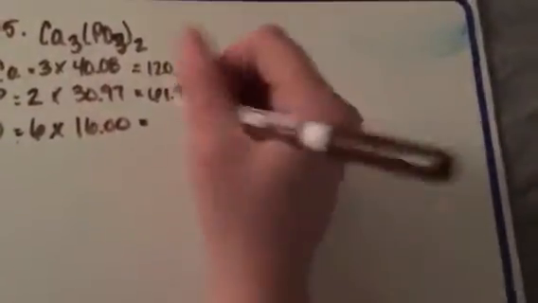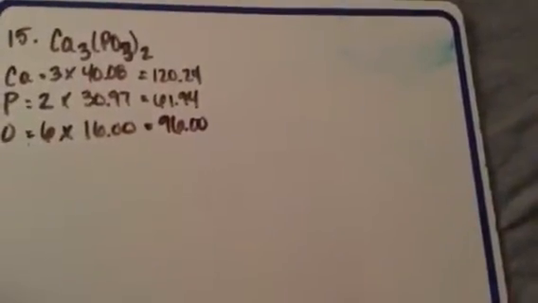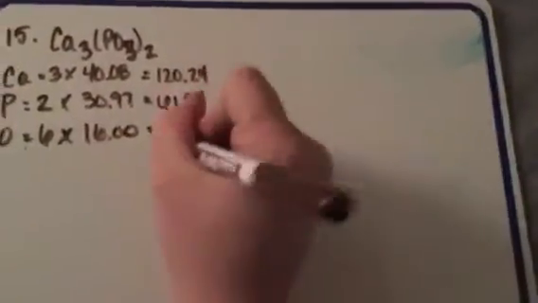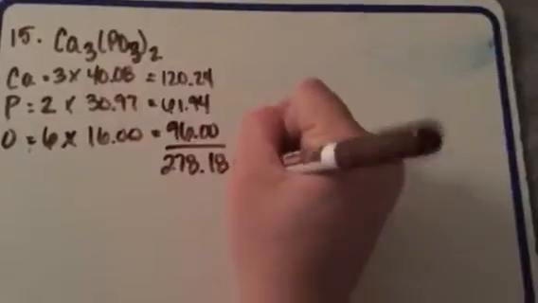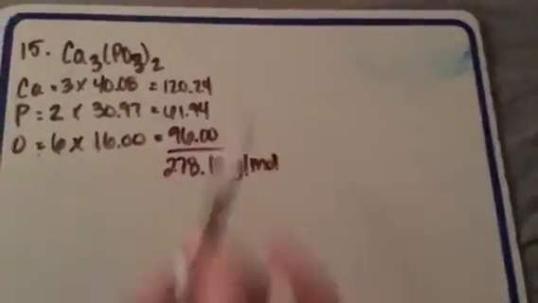And then I have 6 times 16, and that becomes 96.00. Now, add all those numbers up together. And when you add them all up together, you get 278.18 grams per mole. Now, that's finding the molecular mass.